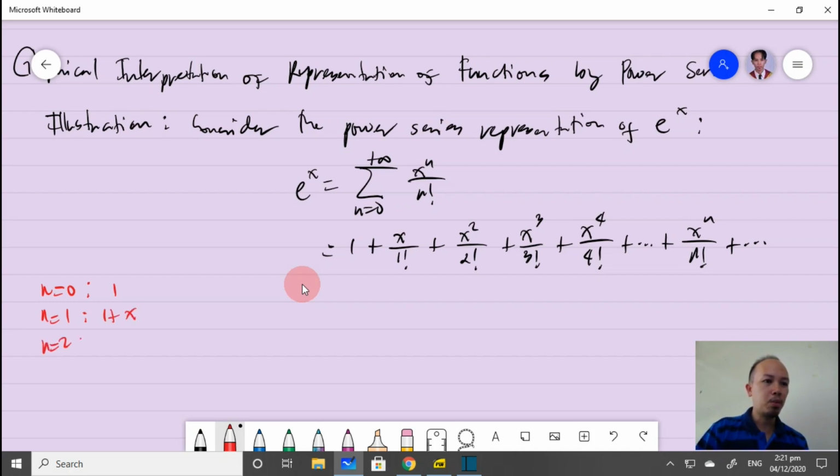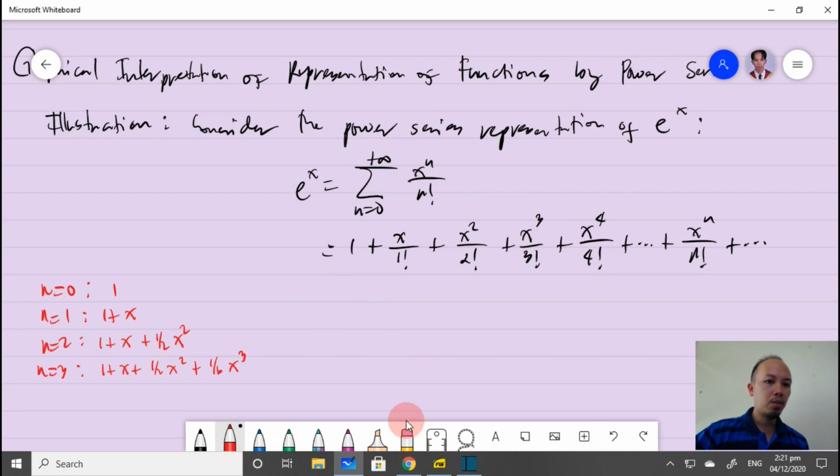When n is equal to 2, we have 1 plus x plus 1 half x squared, since 2 factorial is 2. Let's add more. When n is equal to 3, it is 1 plus x plus 1 half x squared plus 1 over 6 x cubed, since 3 factorial is 3 times 2 times 1. Let's try to graph these.